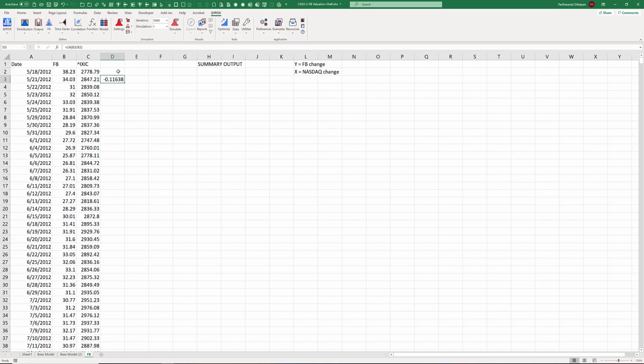So here FB return, and then we'll say NASDAQ return. So you copy that over there, so that will give us the NASDAQ return for going from one day to the next trading day.